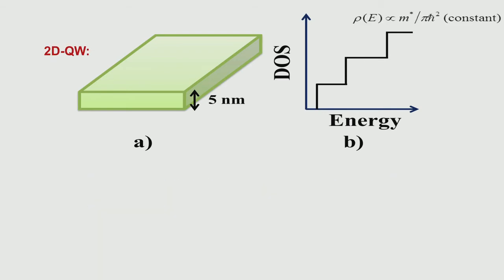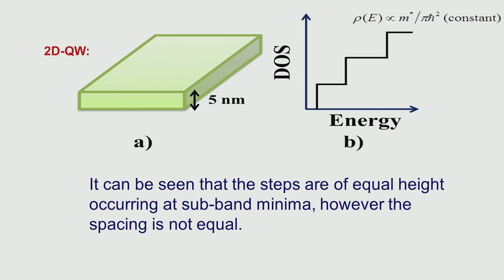So, it's like a step-like behavior, okay, because your density of states, this is rho E, also a symbol used for representing density of states, is proportional to m star by pi h cross square, which is a constant. In a regular two-dimensional case, with the example that I have shown earlier, the steps are of equal height, occurring at different subband minima.